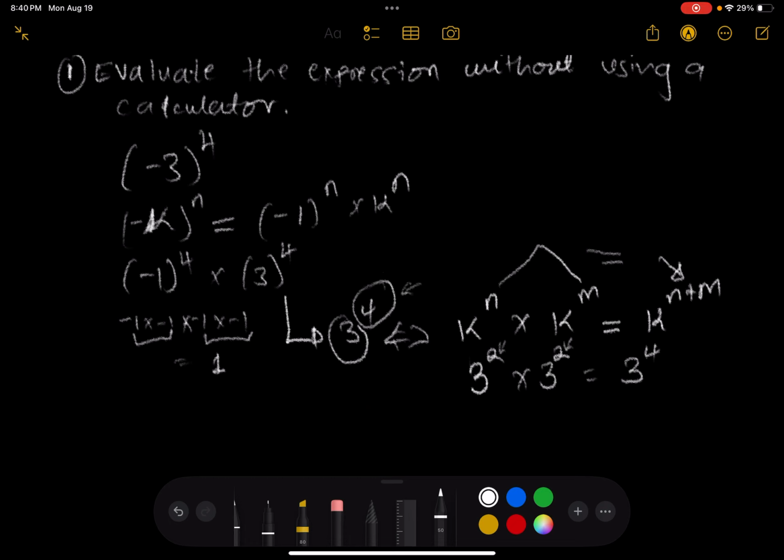So this will mean that 3 to the 2 is 9, times 3 to the 2, which is also 9, which should equal 81. So 81 times the 1 that we left out gives you 81, so your final answer becomes 81.